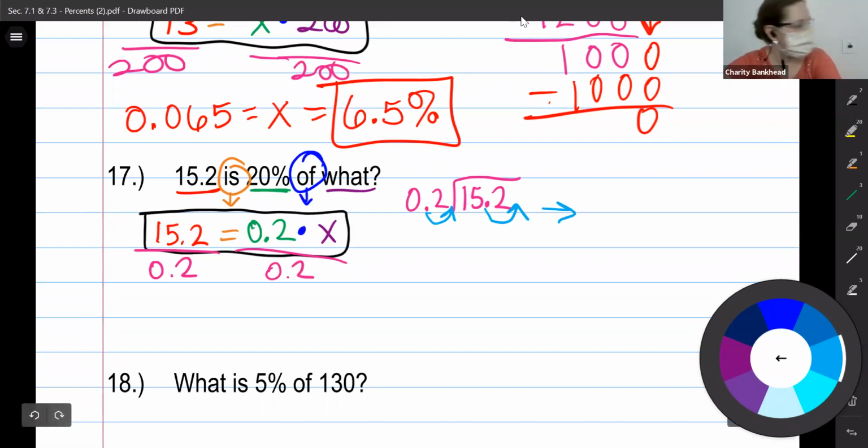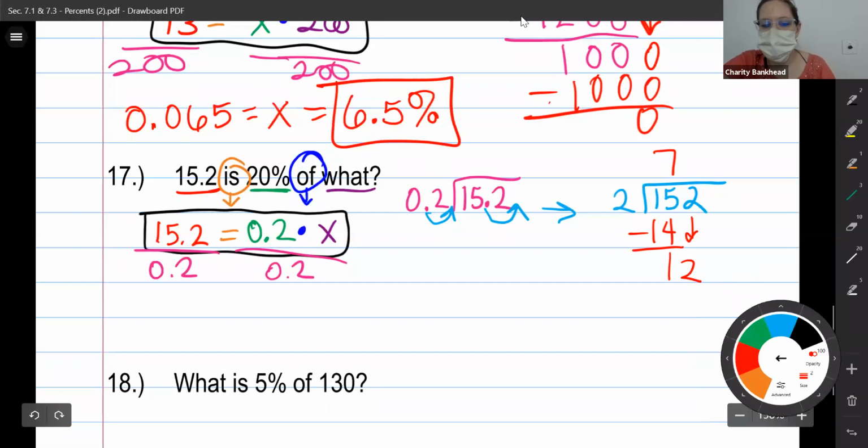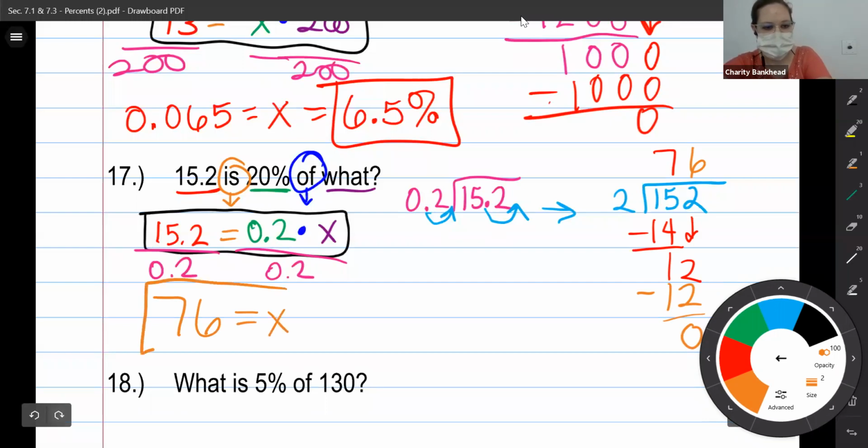So this turns into 2 divided into 152. So 2 would go into 15 7 times. 7 times 2 is 14. 15 minus 14 is 1. Bring down the 2. And 2 would go into 12 6 times. 6 times 2 is 12. So 76 is equal to x.